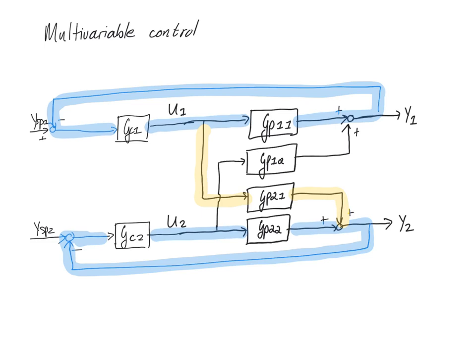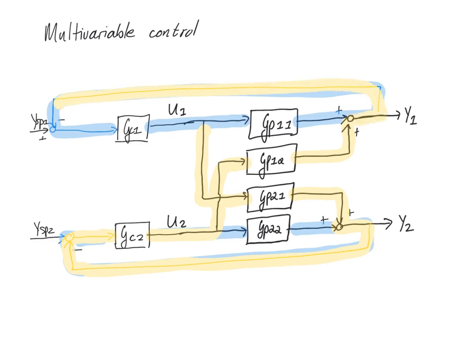And so you can see that there's a loop that forms all the way around, going through this controller, going through this controller, all the way around here, going through this controller as well. And so a change in any one of these variables actually has a full effect, and there is this additional coupled loop that is drawn in orange.